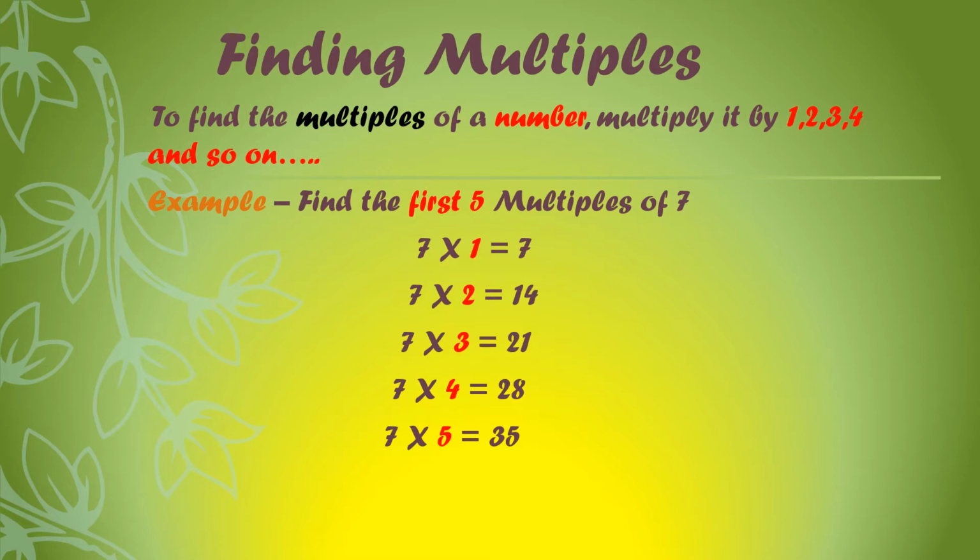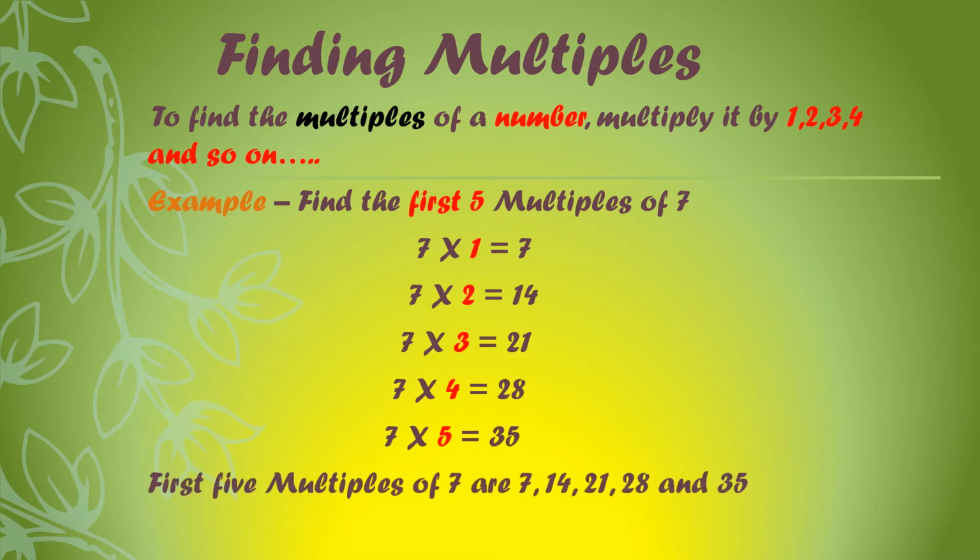So let's find. 7 multiplied by 1 equals 7. 7 multiplied by 2 equals 14. 7 multiplied by 3 equals 21. 7 multiplied by 4 equals 28. 7 multiplied by 5 equals 35. So children, the first 5 multiples of 7 are 7, 14, 21, 28 and 35.